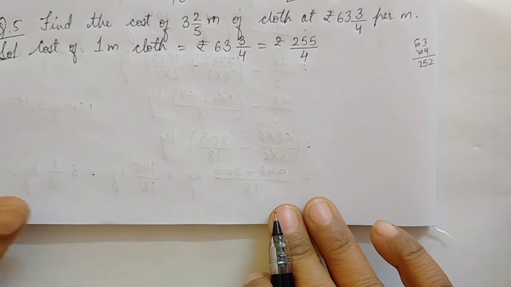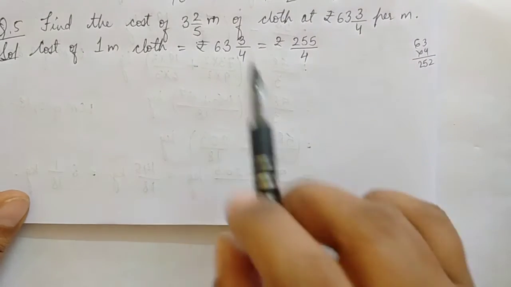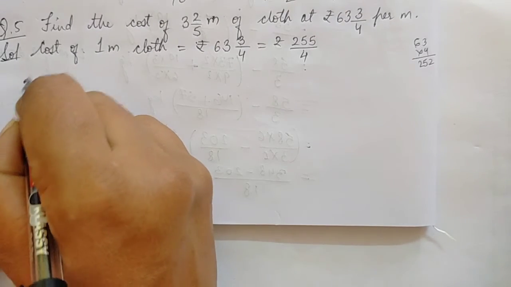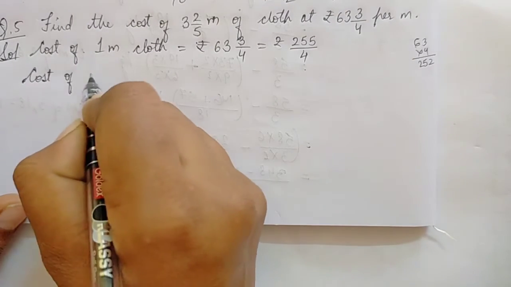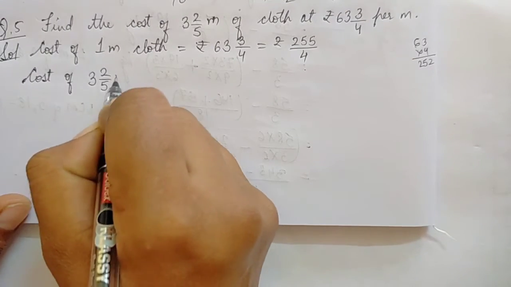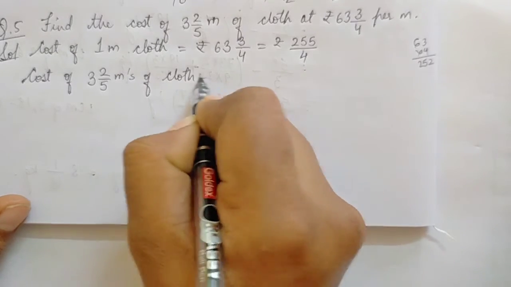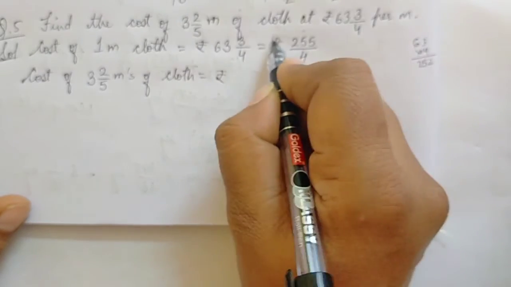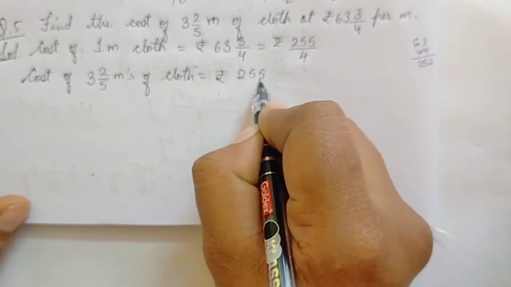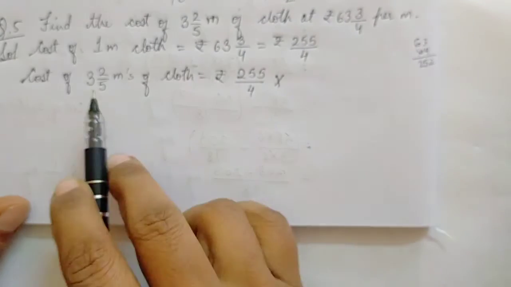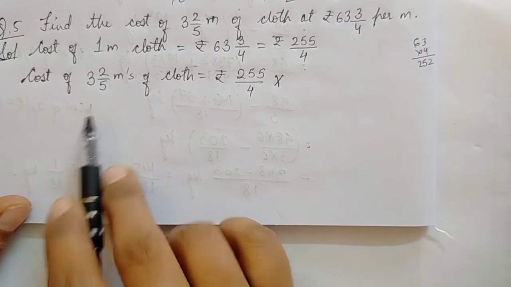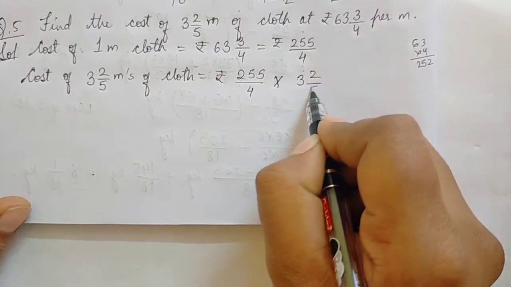Now we have to find out the cost of 3 2/5 meters of cloth. So we will multiply. Cost of 3 2/5 meters of cloth is equal to rupees 255 upon 4 into 3 2/5.